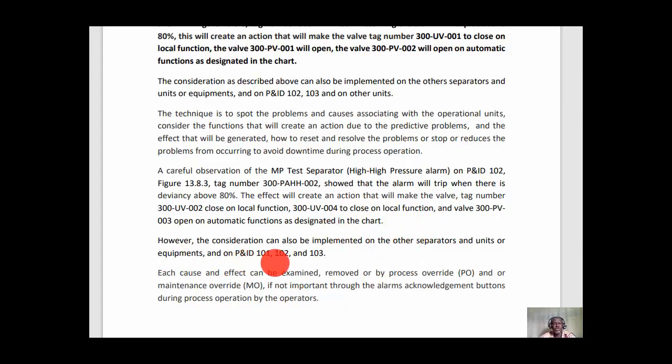However, this consideration can also be implemented on other separators and unit or equipment, and on P&ID 101, 102 and 103. Each cause and effect can be examined, removed, or bypassed by process override or maintenance override if it's not important, through the alarm acknowledgement and reports during process operation by the operators.